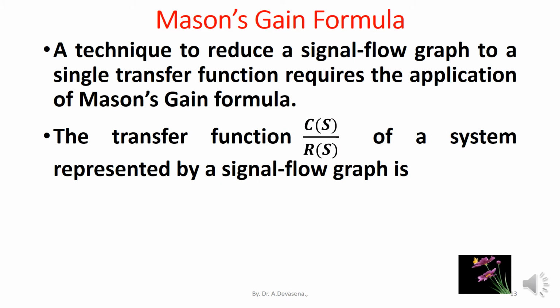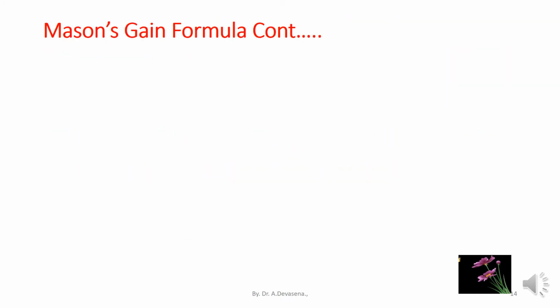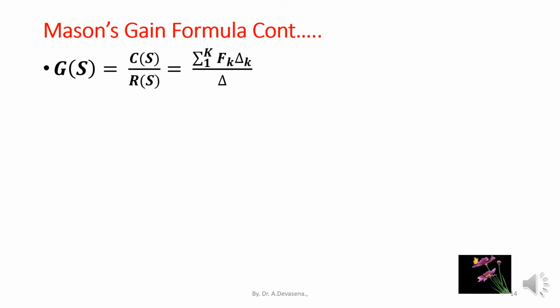The transfer function C(s)/R(s) of a system represented by a signal flow graph is G(s) = C(s)/R(s) = summation from 1 to k of f_k into delta_k divided by delta.